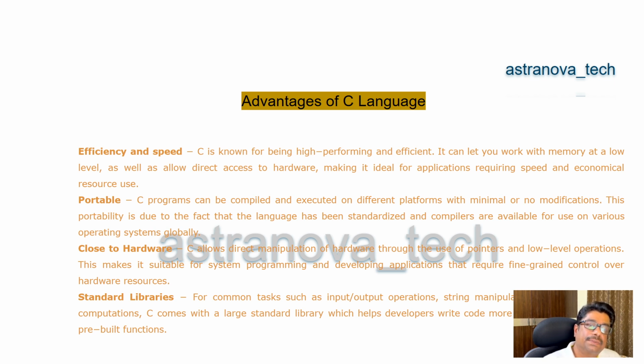Standard libraries. For common tasks such as input-output operations, string manipulation, and mathematical computation, C comes with a large set of standard libraries which helps developers write code more efficiently by leveraging the pre-built functions.